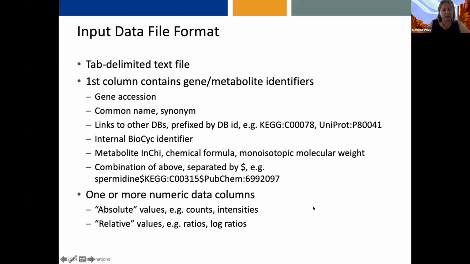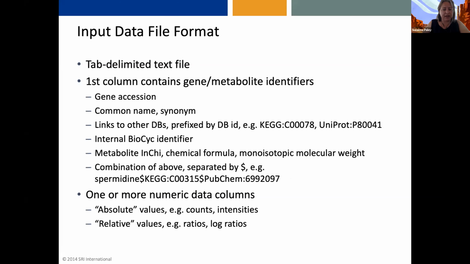Then after that, there will be one or more numeric data columns, and there can be other columns intermixed there that we ignore, but you will specify which are the numeric data columns that you want the tools to look at. The data in them can be either what we call absolute data.